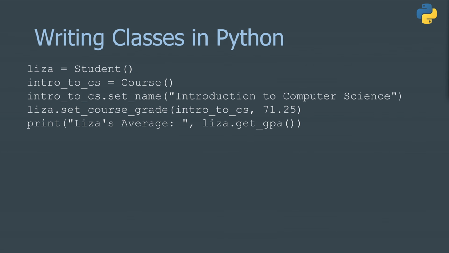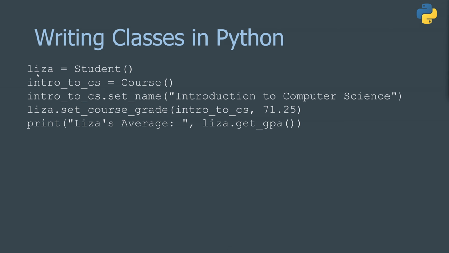Fancy word for saying I'm creating an object from a class. And that object, then, which is an instance of student, gets put into a variable called Liza. Now, Liza is actually a variable which points to the memory location, just like we've seen with other variables. It points to the memory location of that student instance somewhere.